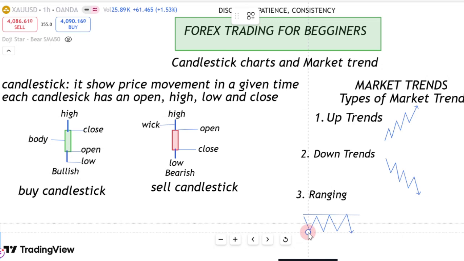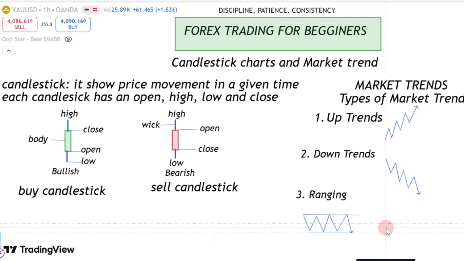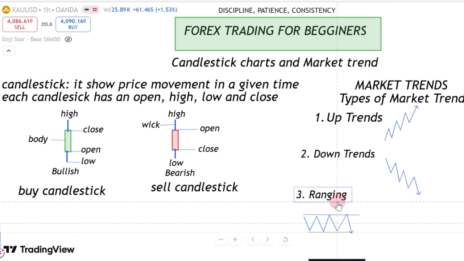So this is what we call ranging. Some call it consolidating, some call it sideways. But me, I call it ranging.